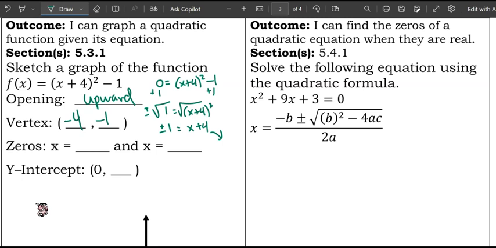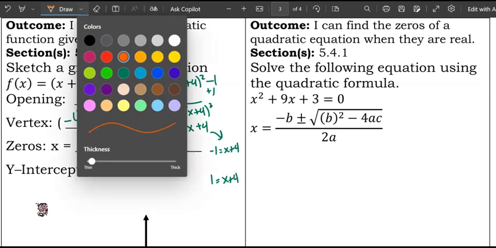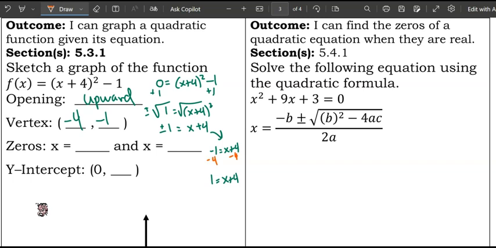So you have two possibilities: negative 1 equals x plus 4, or 1 equals x plus 4. Subtract 4. Negative 5 equals x and negative 3 equals x. Those are your two zeros.